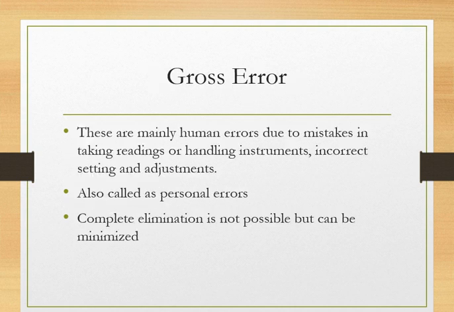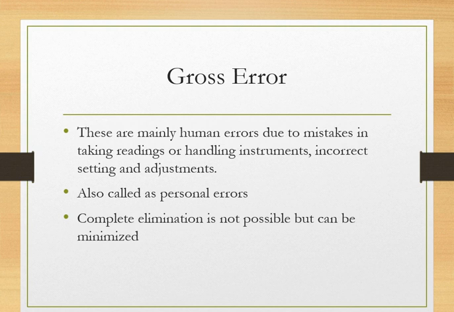If you see gross errors, these are mainly human errors due to mistakes in taking readings or handling instruments, or incorrect setting and adjustment. Right now we have seen the sources of errors, and based upon those sources, these errors are classified.